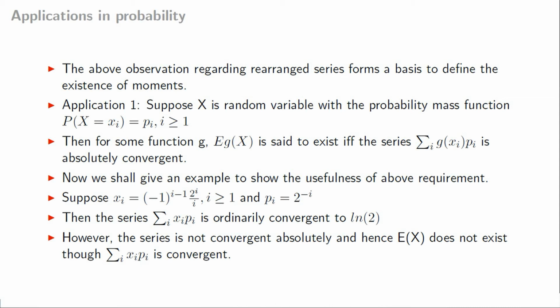However, the series is not convergent absolutely, because when we take the absolute values of xi multiplied by pi, we get 1 by i, and therefore the series with absolute terms is nothing but the harmonic series which diverges, and hence according to our definition, expected value of x does not exist even though summation xi pi is convergent.